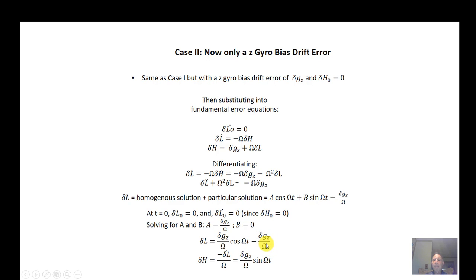That is the gyro bias divided by the earth rate. And for heading error, we obtain delta GZ divided by omega times the sine of omega t. So both are sinusoidal, but latitude has a bias of delta GZ over omega.